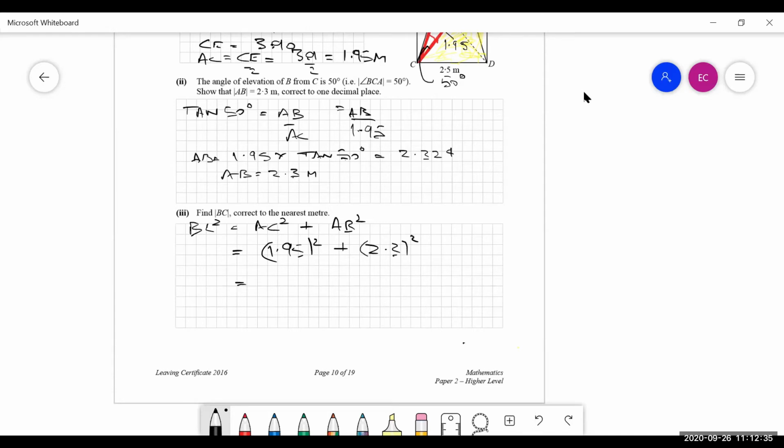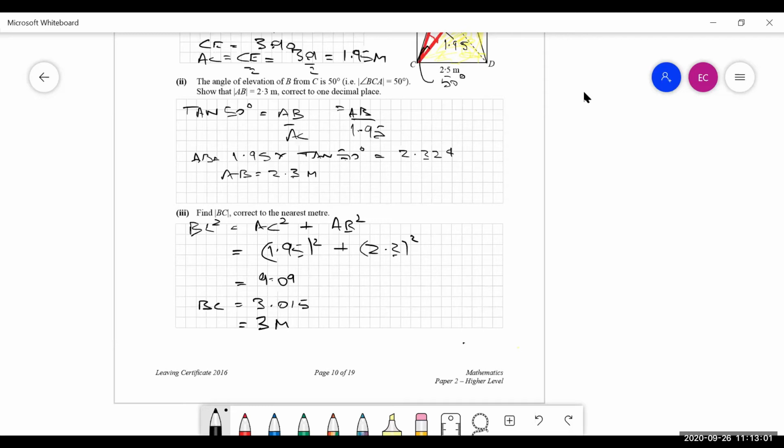That comes out at 9.09. BC then will be the square root of that, and that equals 3.015. But we've been asked to give our answer to the nearest meter, so BC equals 3 meters.